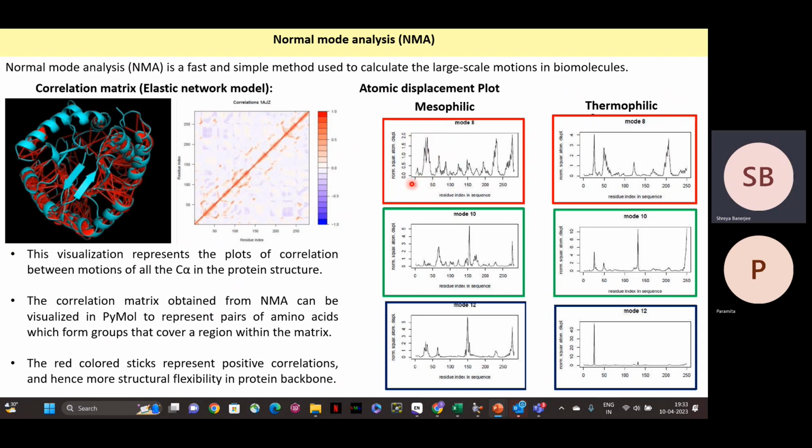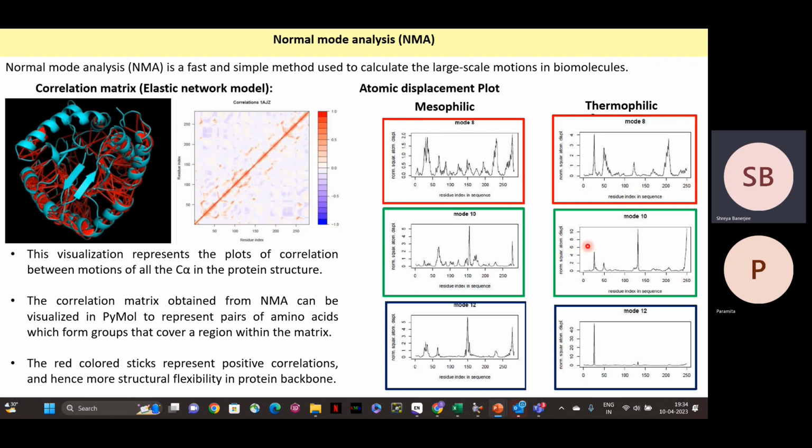So you can see that in mesophilic residues, the displacements are quite high, meaning that the protein structure is not that stable. But in thermophilic residues, the number of peaks is very much reduced. That means most of the residues have low displacement. That is, they are fixed at their positions. So the conformation is quite stable.